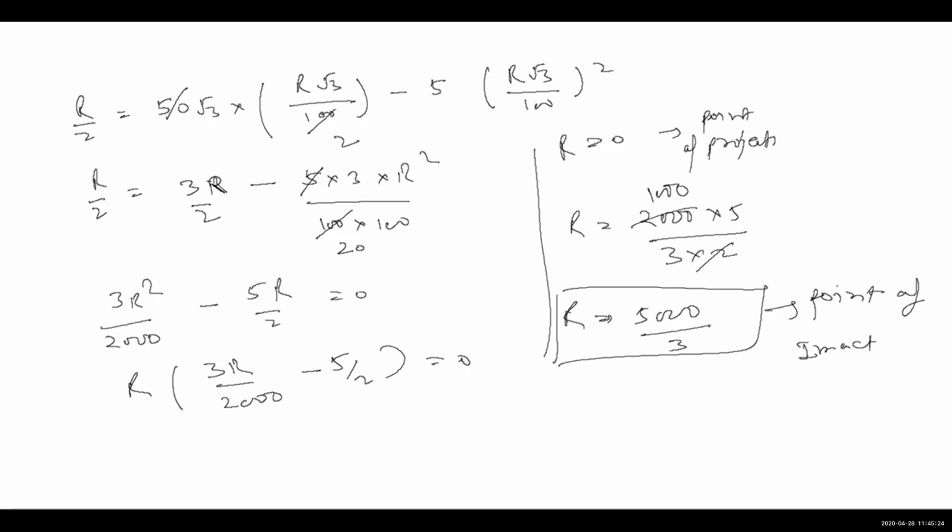So it will be 3R by 2 minus R by 2, that is R. So that will be 1, and R is 2000 by 3, which becomes 666.67.